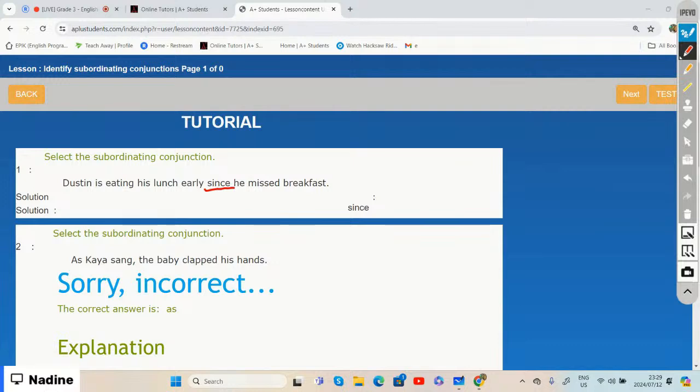Well done. So since is correct, and it is used as a subordinating conjunction.